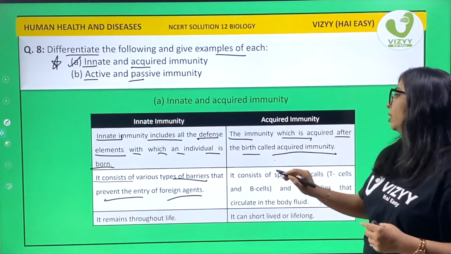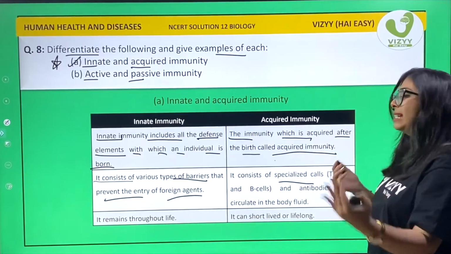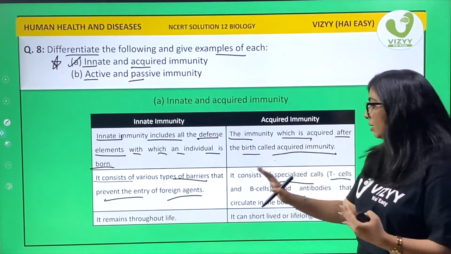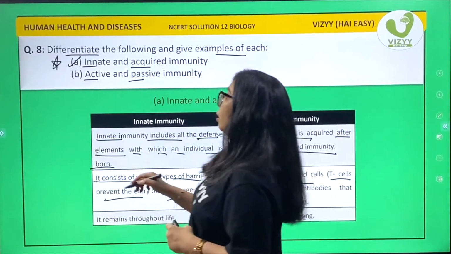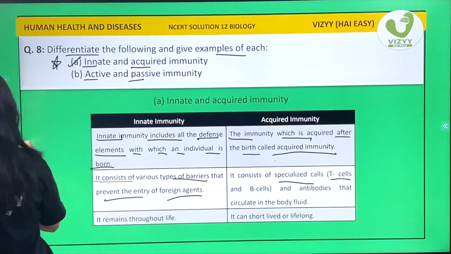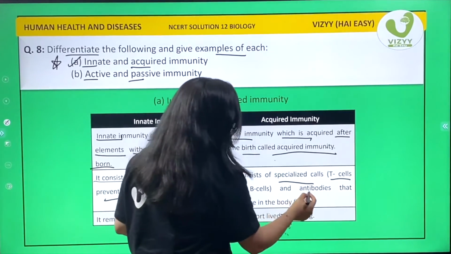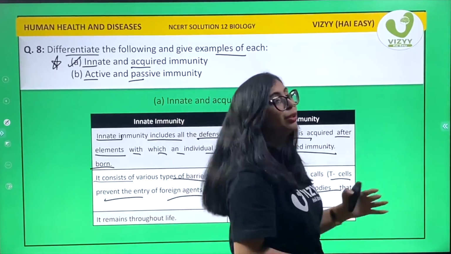Whereas acquired immunity is specialized cells known as T cells and B cells, and antibodies that circulate in the blood fluid.